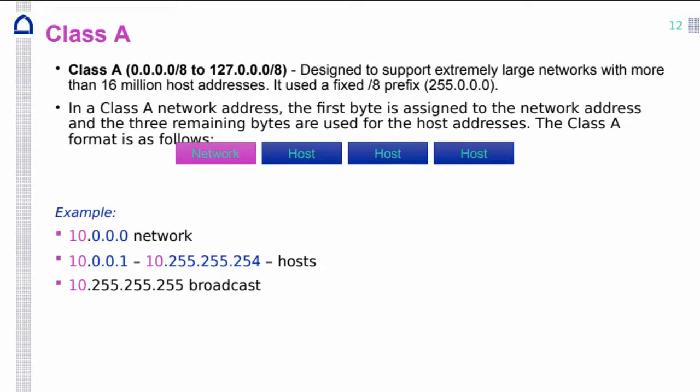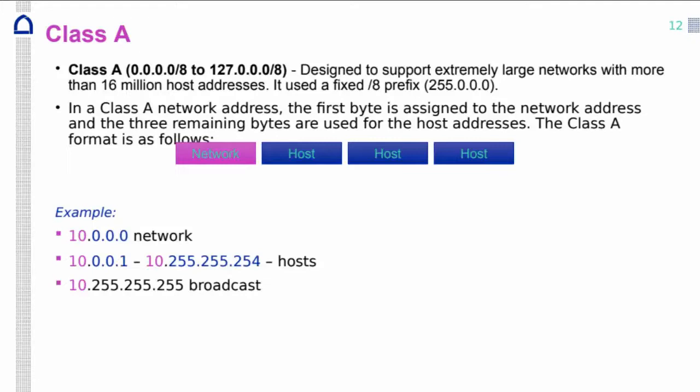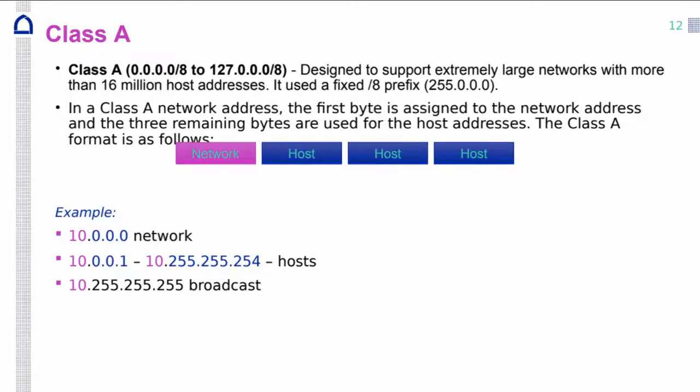If it's a /16, it means that my subnet mask is 255.255.0.0. If it is /24, what does it mean? 255.255.255.0. Each octet is 8 bits. So if it's /8, it is 255.0.0.0. If it's /16, 255.255.0.0. Okay?